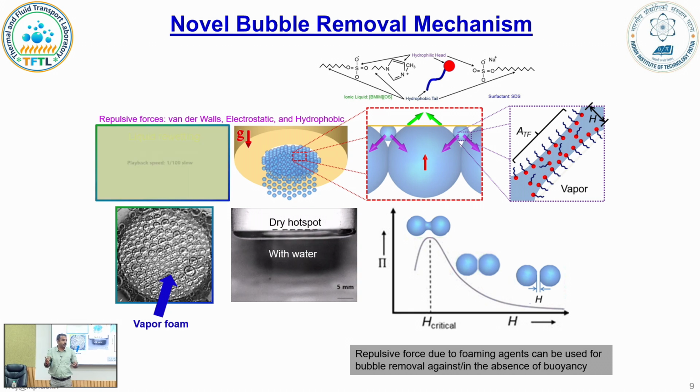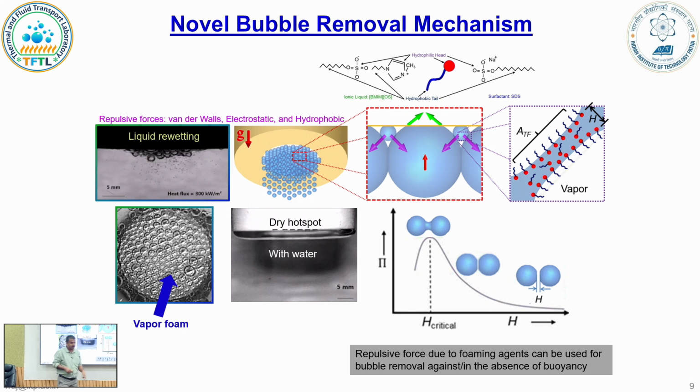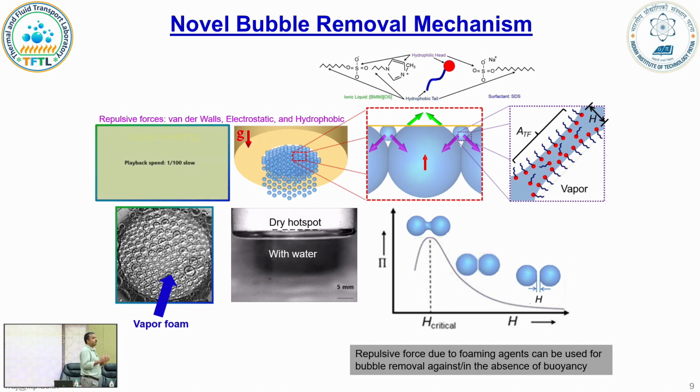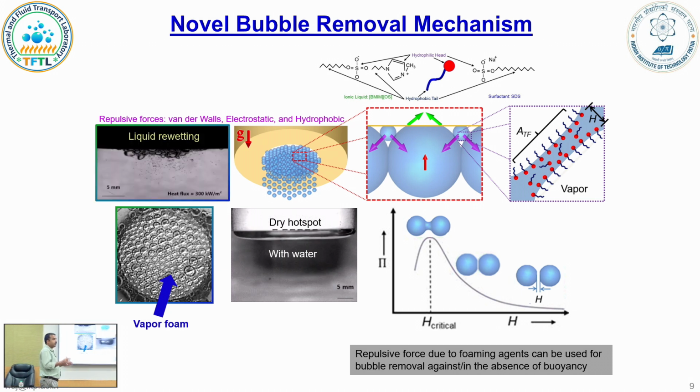They push these bigger bubbles down, and because of that there is bubble departure, and then they grow and the next set of bubbles push them down. And this happens to an extent. If you look at the diagram of liquid film thickness versus disjoining pressure, there's a limit to how far you can go, but within the time scales and the forces that we need, we showed using a very simple force calculation that you have 2 orders of magnitude higher force than that required to cause bubble departure, so you are very safe.